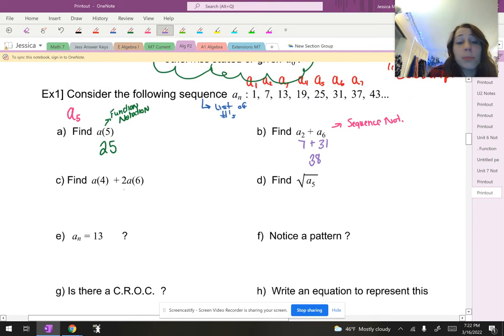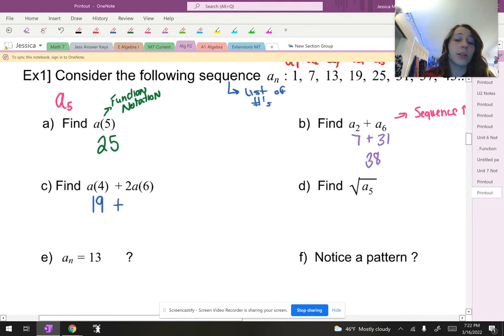All right, so jumping back to function notation here, they want me to take a of 4, which is 19, and they want me to add that. Okay, and notice what's going on here. We got a little crazy stuff going on here. We have a 2 in front of the a of 6. Now notice that's still not multiplication.